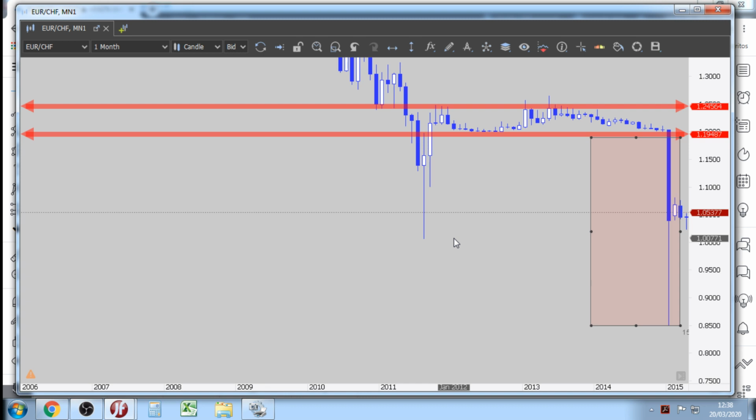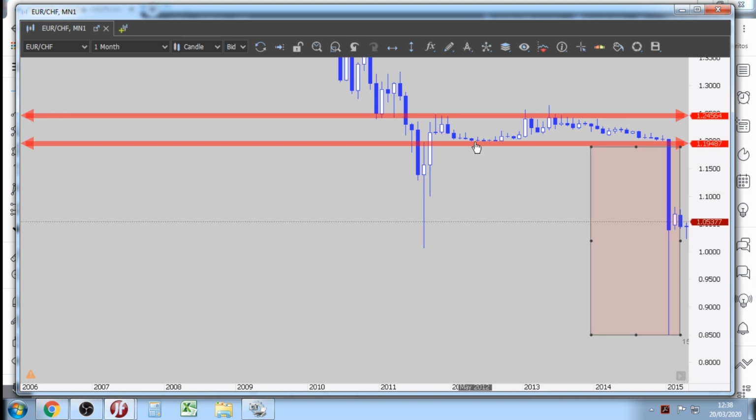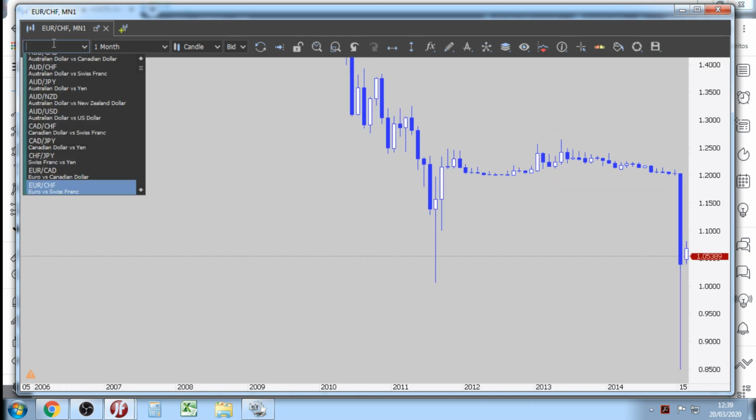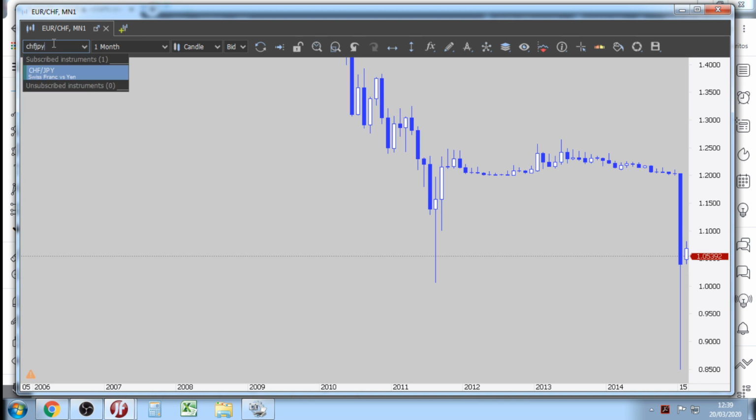I don't remember if FXCM had problems. I don't know if Oanda or Alpari went bankrupt. But it made a significant move outside of the channel. But you can check on the internet, everybody. And another one is CHF JPY.